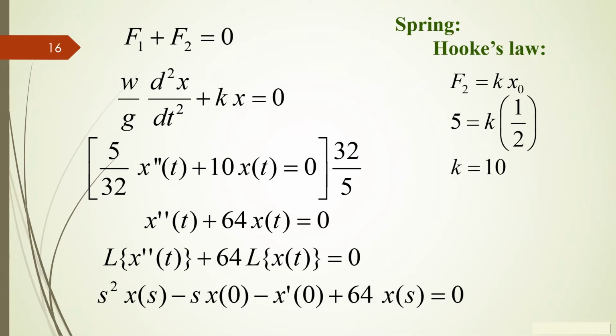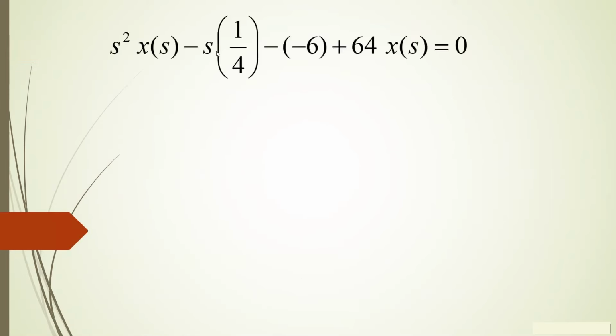So what are the values? It was elongated 3 inches. Am I correct? And then the x prime 0, it goes up 6 feet per second. So if we plug in those values, 1/4 and -6, right?